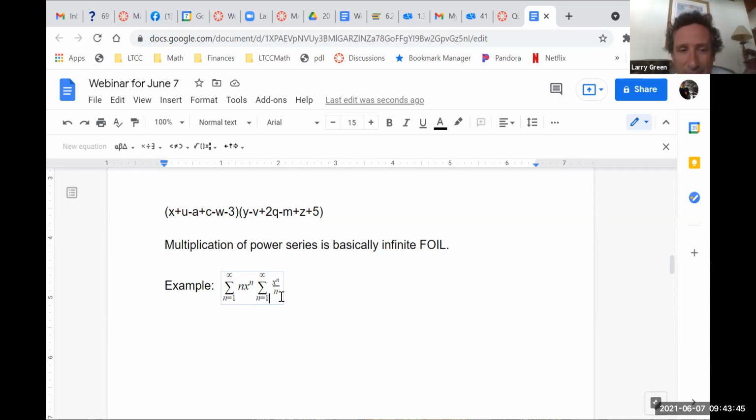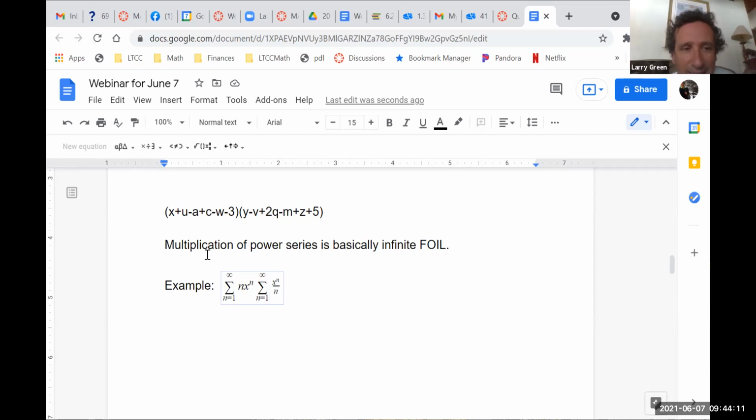What you can't do is say, well, I'll just multiply these. Look, n over n is just 1, and x to the n times x to the n is x to the 2n. So I get the summation n equals 1 to infinity of x to the 2n. Is that right? Absolutely not. You can't do that.